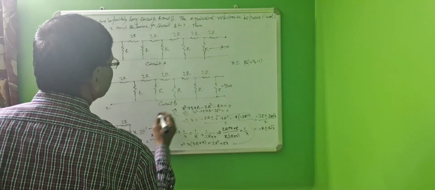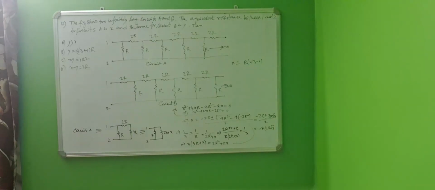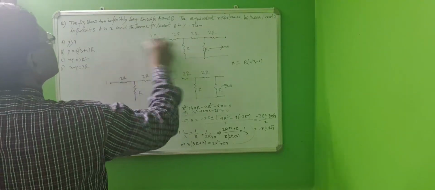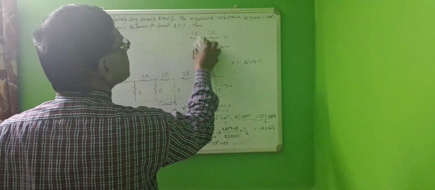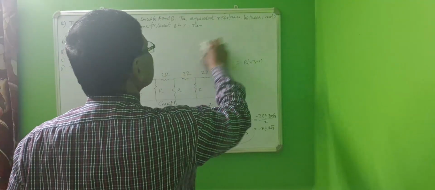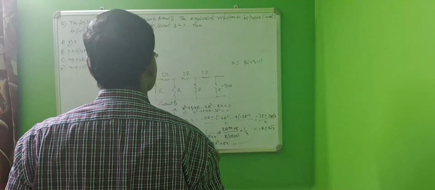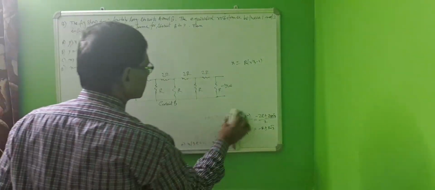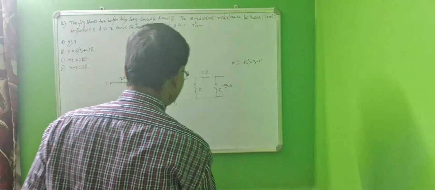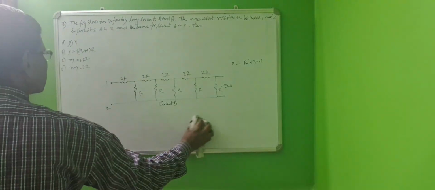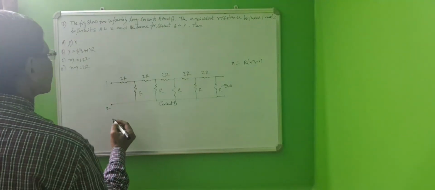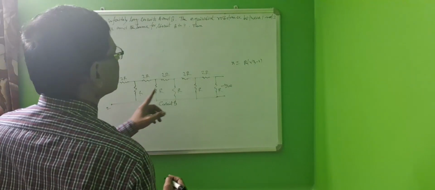This is circuit B. For this circuit, we can write this.